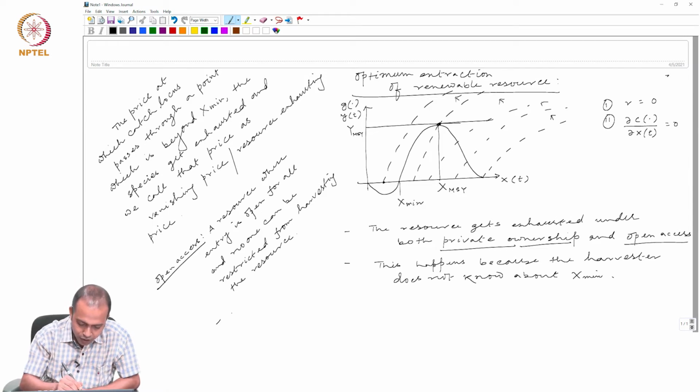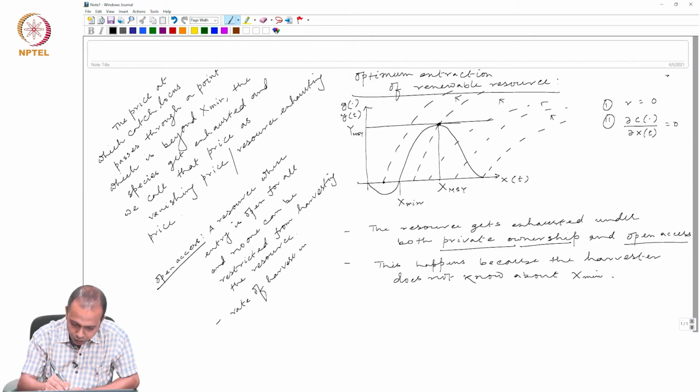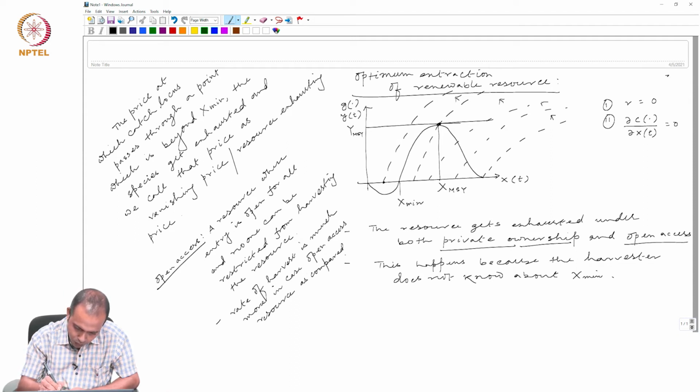And the rate of harvest is much more in the case of an open access resource as compared to private ownership.